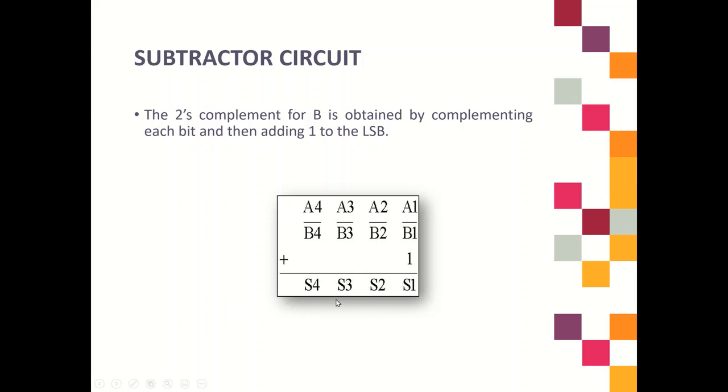So you will get the sum, and here you have C in. Each column has a C in that you need to add together with the value of A and also the complement of B. So you will get your sum results. This is the process of addition in 4 bits by using the subtractor circuit.